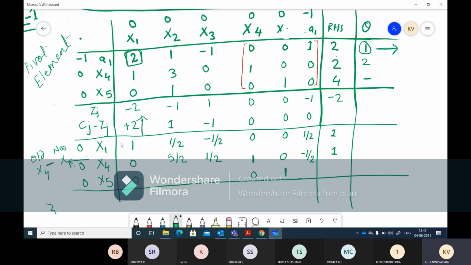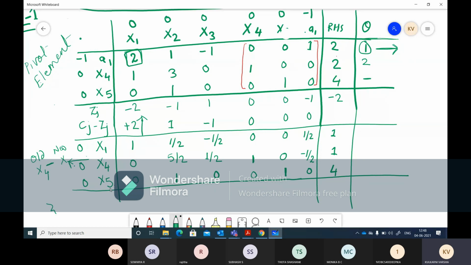So that means you have to multiply this row by 0 and then subtract from the old x5 row. So you get the same row over here: 1 minus 0 is 1, 0 minus 0 is 0, here also 0, here 4 minus 0, so you'll get 4.